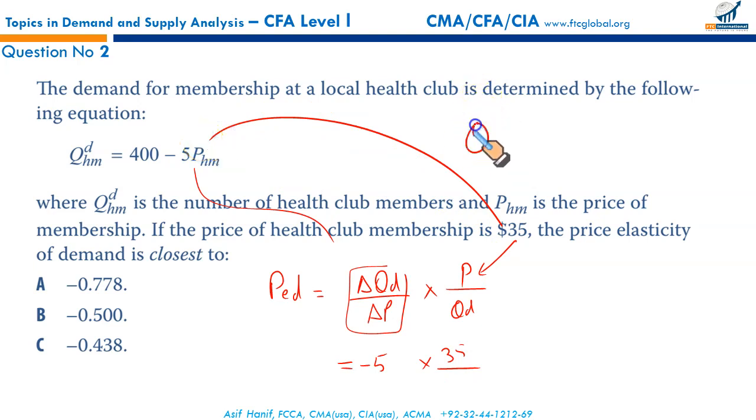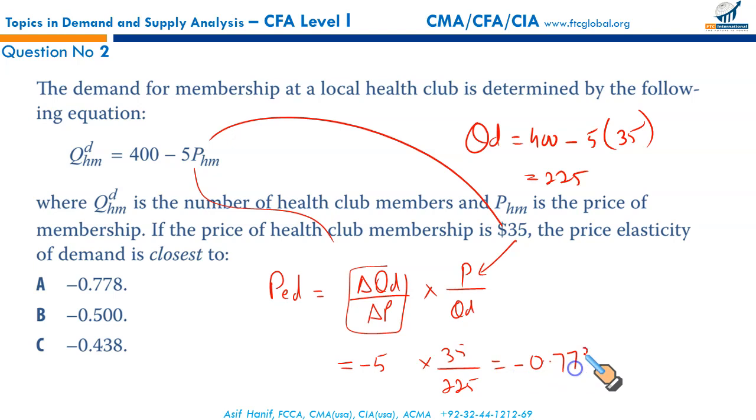Then we calculate the quantity demanded. It's 400 minus 5 times 35. If we simplify this, 5 times 35 deducted from 400 gives you 225. Simplifying this gives you -0.778, and that makes A our correct option for this question.